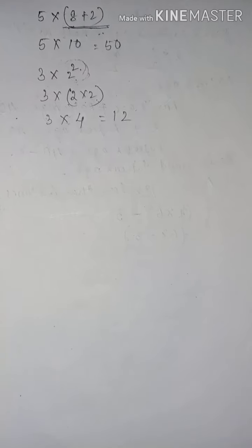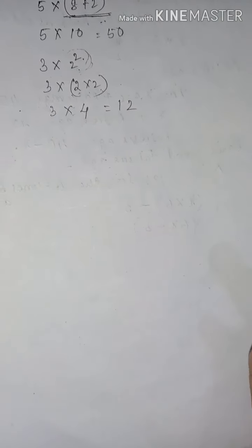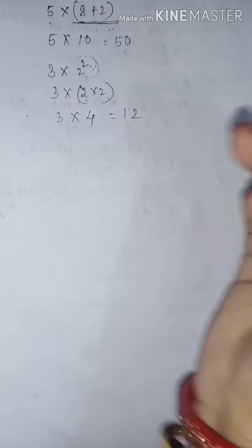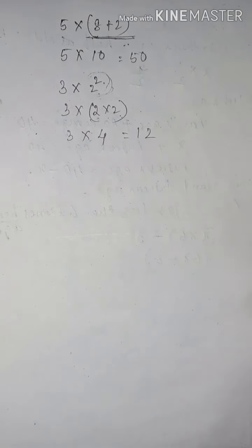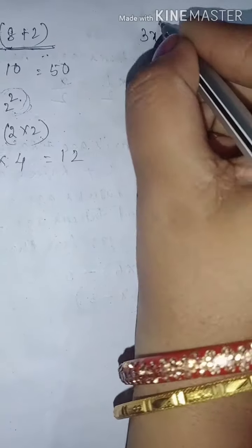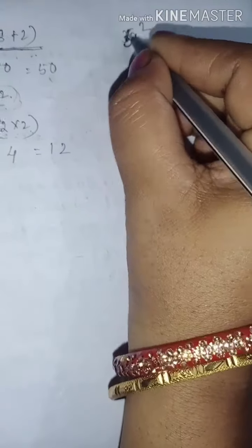But if that is in an algebraic expression, how will you calculate the answer? If it is a question in arithmetic, we just calculate this way. So in algebraic expressions also, if there are some questions, how will you calculate? Suppose there is a question 3x square, or let it be 5x square.